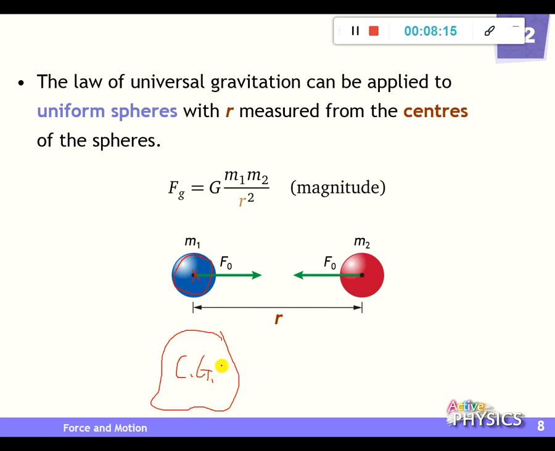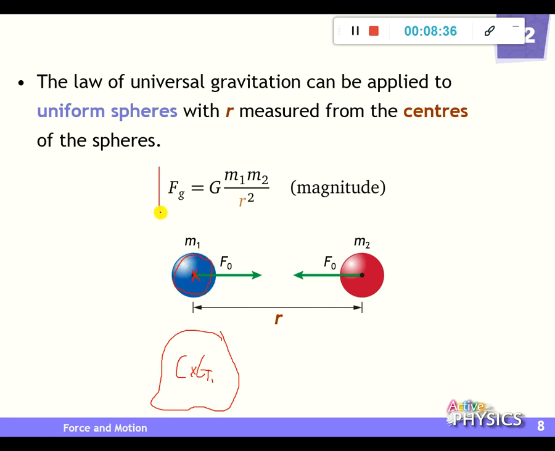object like that. We can think that all the mass can be concentrated at CG to represent the whole thing. Here, the same. We can think that for the whole object, this ball, all the mass can concentrate at the center of it to represent the whole object.